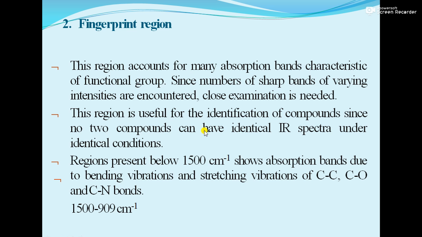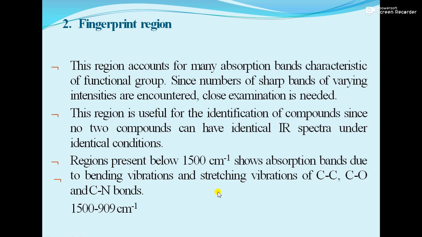Then second is the fingerprint region. The region is from 1500 to 900 centimeter inverse. This is called the fingerprint region. This is the most complex part of the IR spectrum and contains a number of absorption bands. These absorption bands appear due to the stretching and bending vibration.